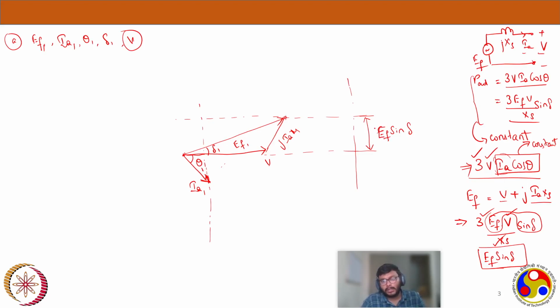Now we have set up all the required conditions. Now we will see what happens with the variation of field current. First, let's increase the field current.